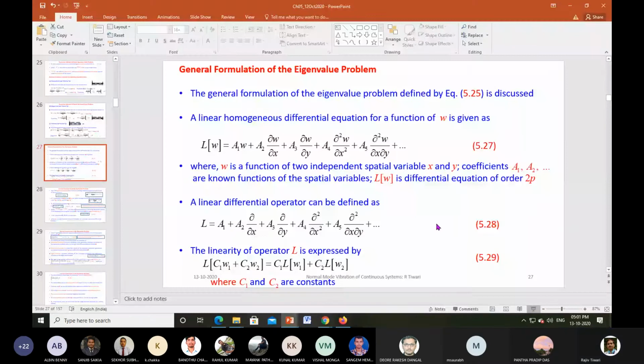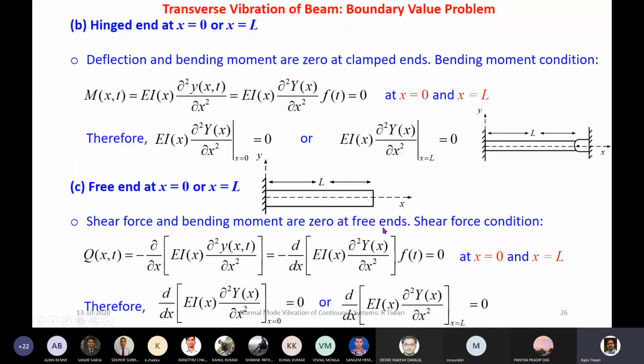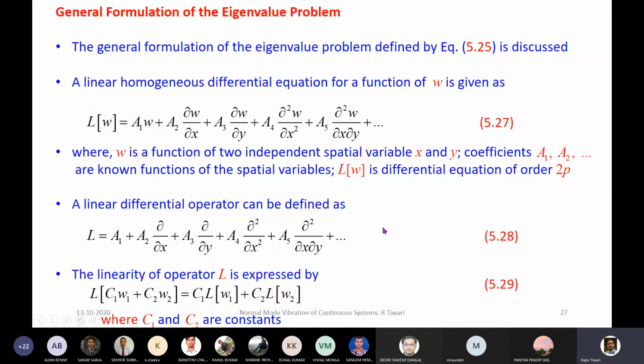So last time I formulated the eigenvalue problem, and even the boundary conditions I described for the beam. I will leave that particular formulation at that stage, and based on that background we'll move on to the more general formulation.